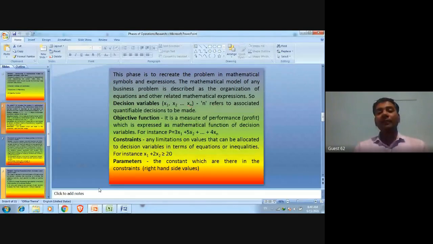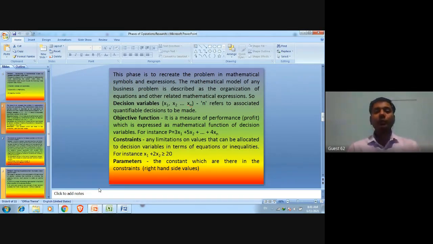After stating the problem, we will formulate it in equation form or any other mathematical expression. The problem we identified in the first phase, we will express in mathematical form.